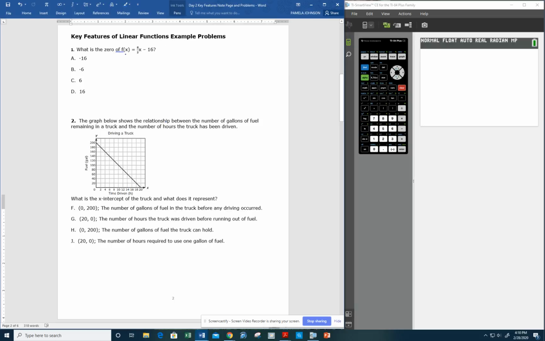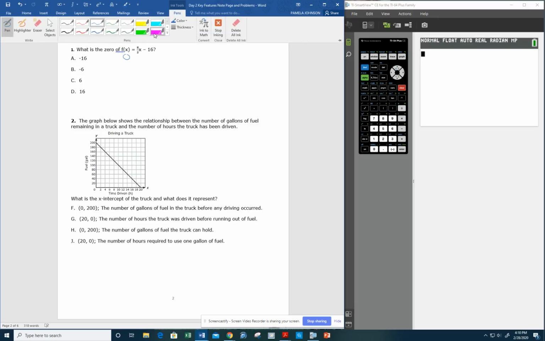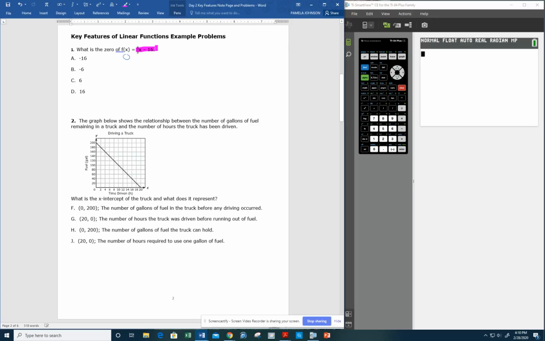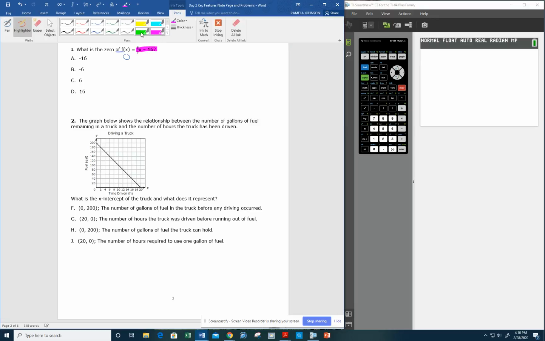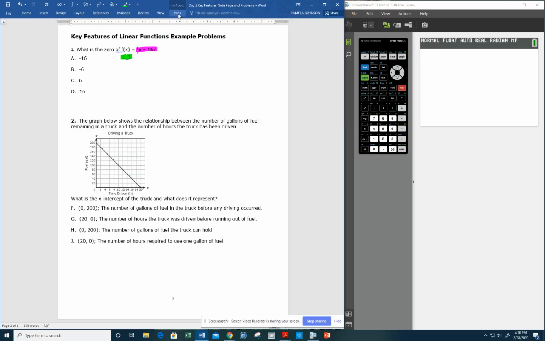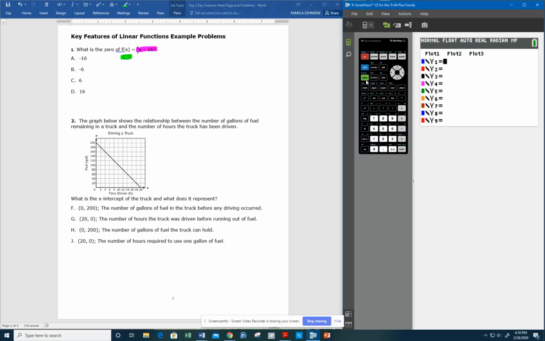Okay, so we're looking for the x value that would make the y 0. So we're going to put 8/3 x minus 16 in y1, and we'll put 0 in y2. Okay, so in y equals, alpha y equals to get our fraction, 8/3, and then x minus 16. And in y2, we're putting a 0.